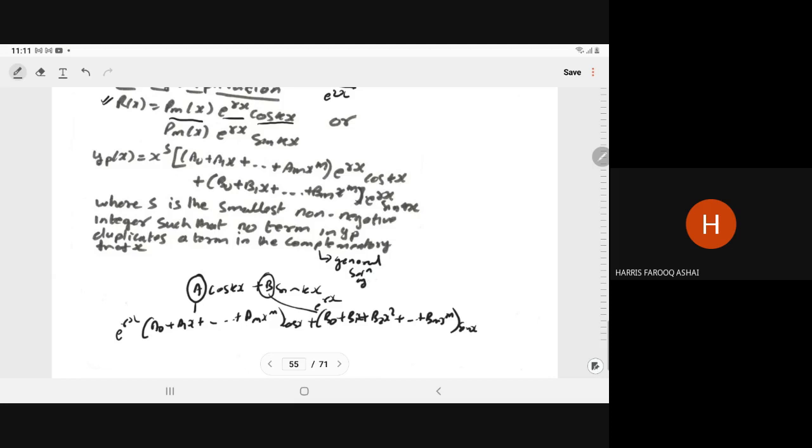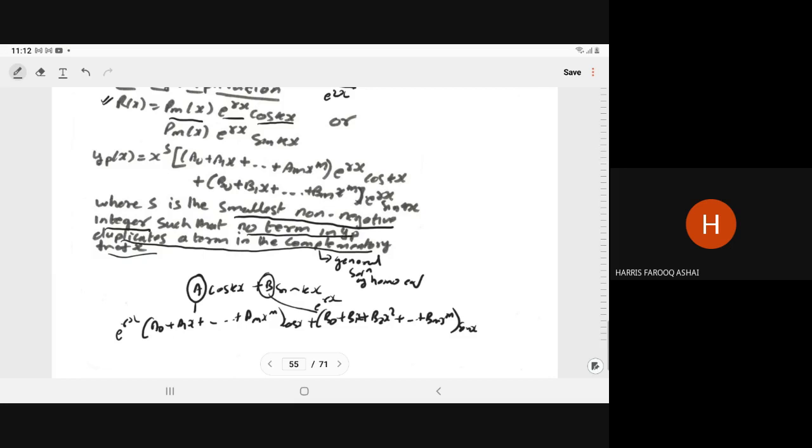So if there is any duplicacy, we multiply with x to the power s, where s is the smallest non-negative integer such that no term in yp duplicates with a term of the complementary function of x, right?